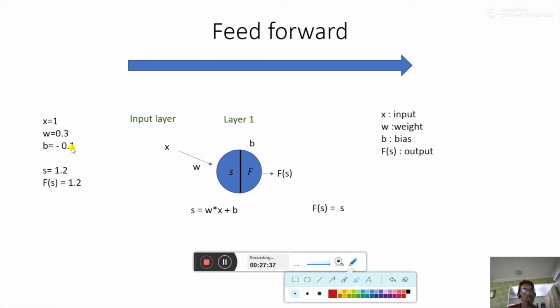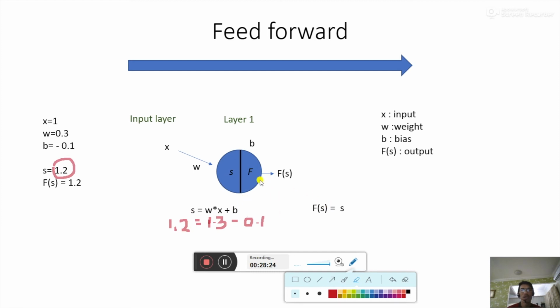B is minus 0.1. So S will be 0.3 minus 0.1, so S will be 0.2.